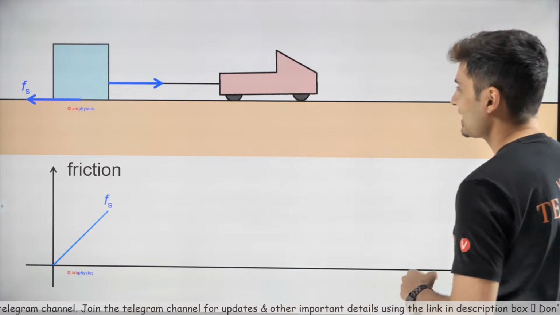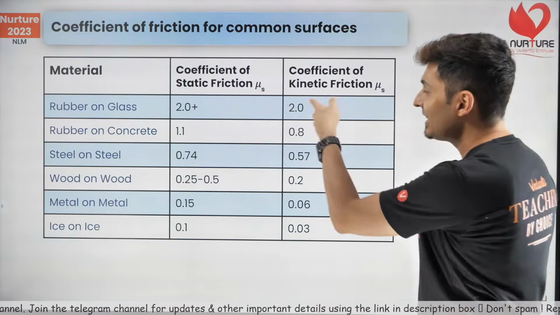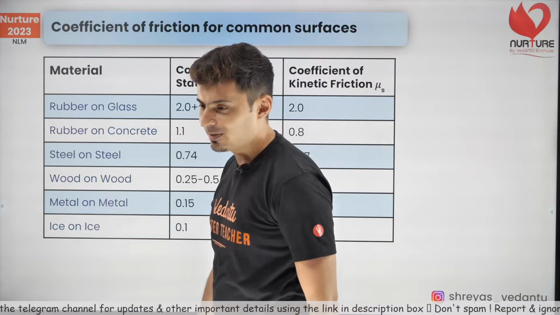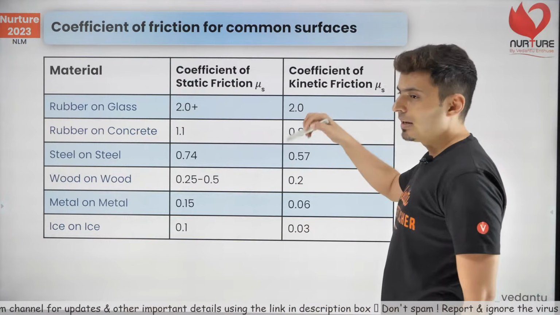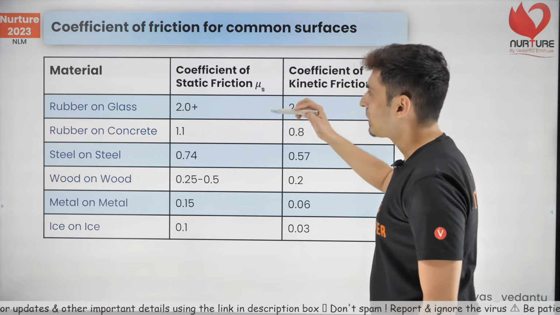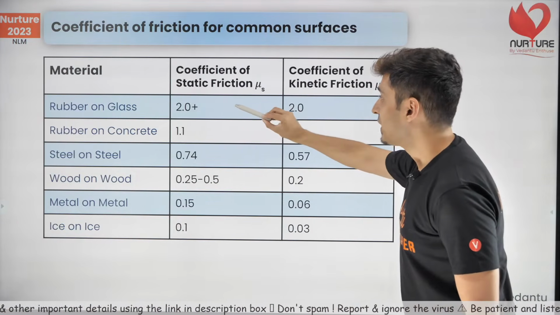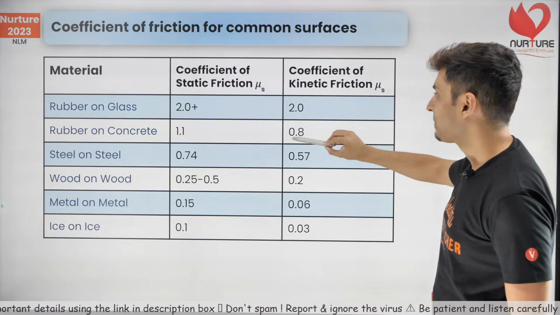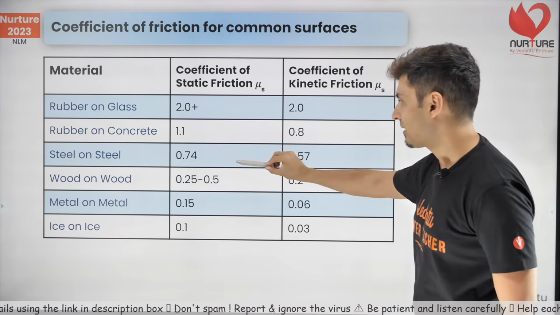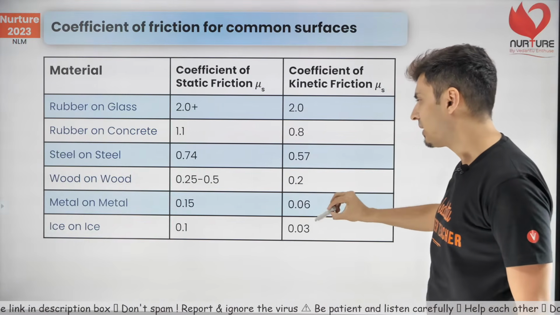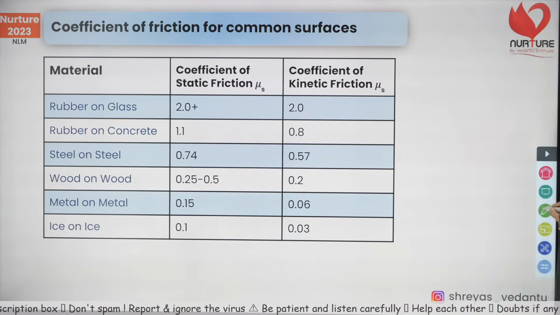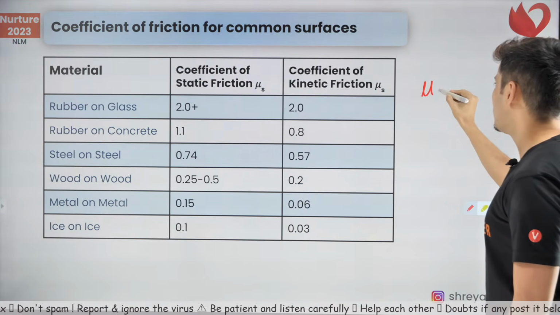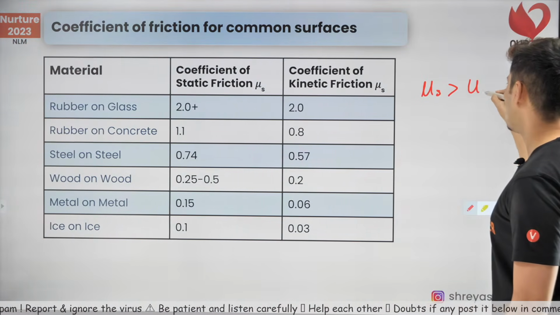Okay. So these are some examples of coefficient of friction. Look at this. Static friction is always more than kinetic friction. You can see that. Static more than kinetic, static more than kinetic. Usually μs is more than μk.